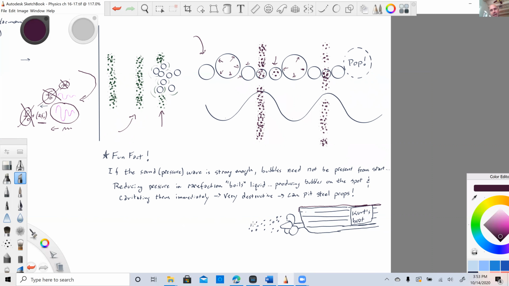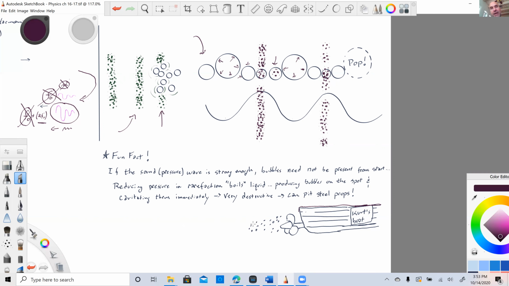These bubbles are created because the velocity of that prop is so fast and the water moving around it is so fast. What happens to fast water? Bernoulli? The pressure goes way down.